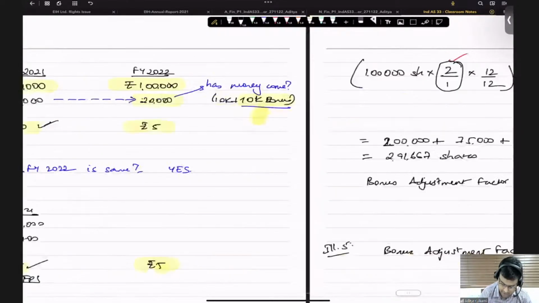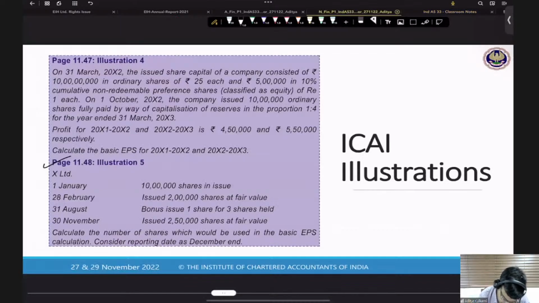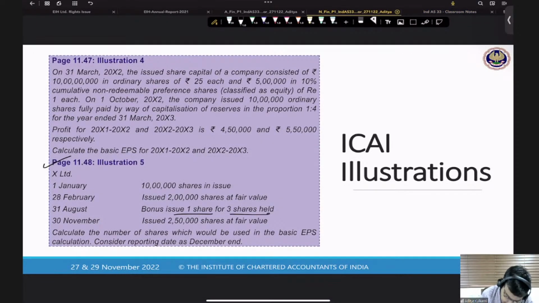So now let us come to pre-bonus plus bonus shares divided by pre-bonus. Look at the question. Bonus issue 1 share for 3 shares held.